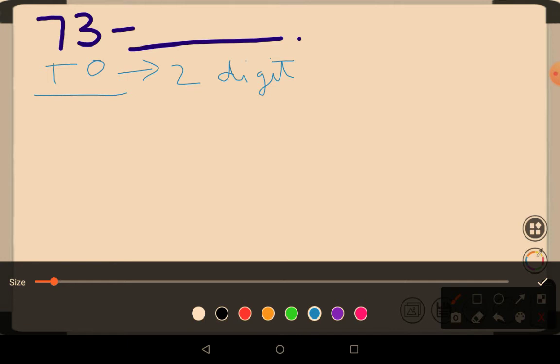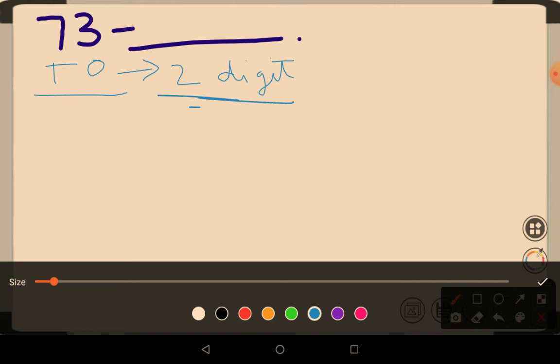Okay. So now you see over here, it is a 2-digit number itself. So I will repeat, it's a 2-digit number. So how to do it for a 2-digit number?